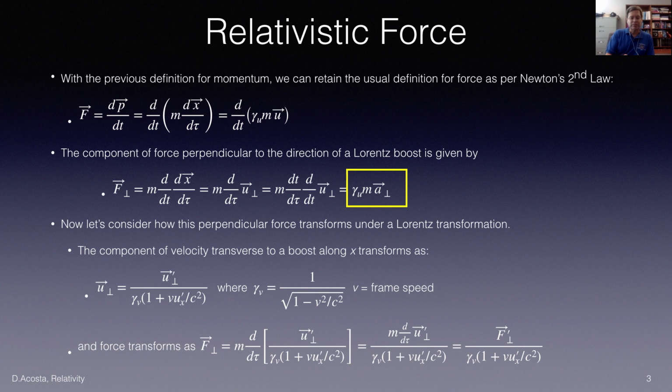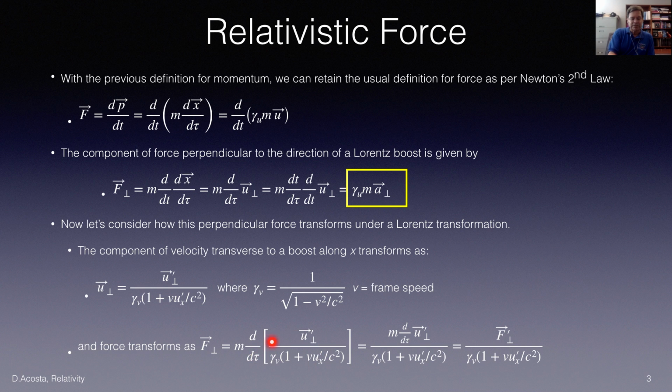So force transforms, recall, as from the earlier equation, it was m d/dtau of u perpendicular, where u perpendicular is transformed this way. So we need to take this derivative d/dtau of my perpendicular velocity. Here's the perpendicular velocity.